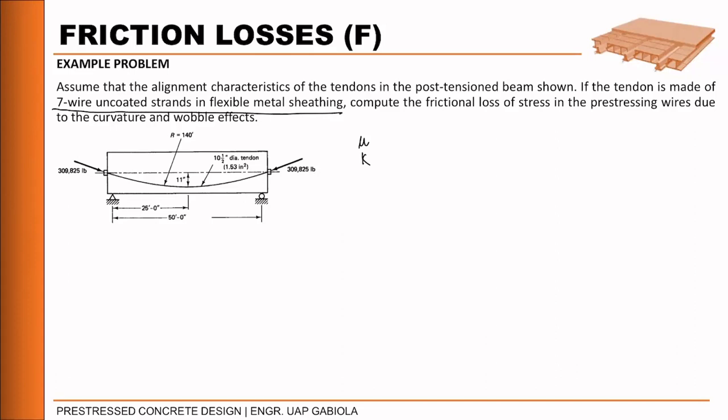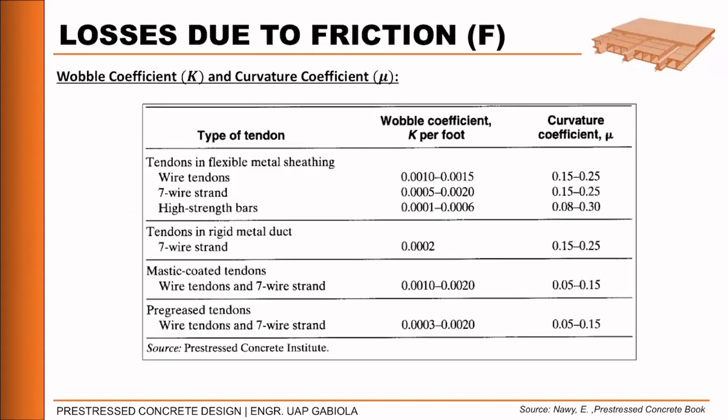Okay? So, tingnan natin yung table kanina. Okay? So, flexible na 7-wire ito. So, dito tayo ibig sabihin pipili. Okay? So, it's in a range. Okay? So, I think mas maganda kung average na lang yung kukunin natin, no?